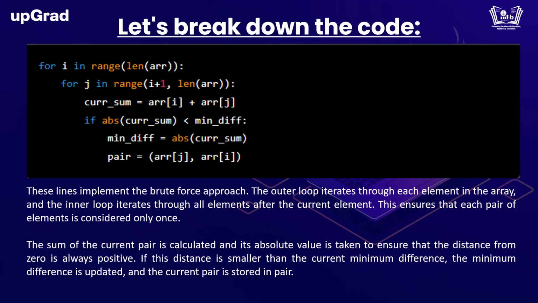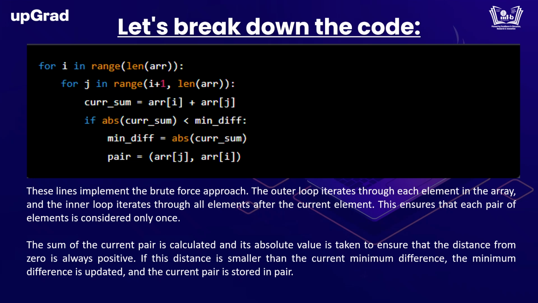In the loop, we have two for loops and an if statement. This implements the brute force approach. The outer loop iterates through each element in the array and the inner loop iterates through all the elements after the current element. This ensures that each pair of elements is considered only once.